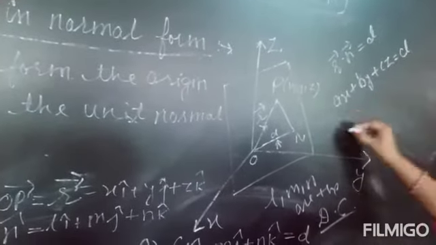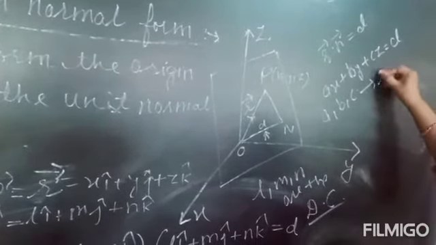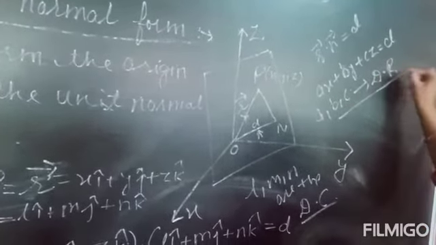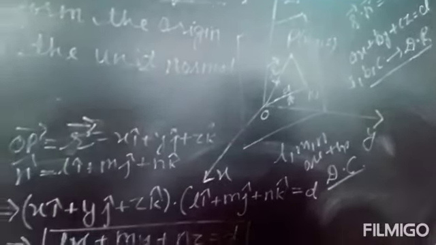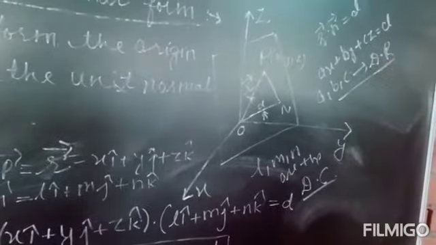In that case, a, b, c will be direction ratios. Clear? That is the difference between l, m, n and a, b, c. l, m, n are the direction cosines and a, b, c are the direction ratios.